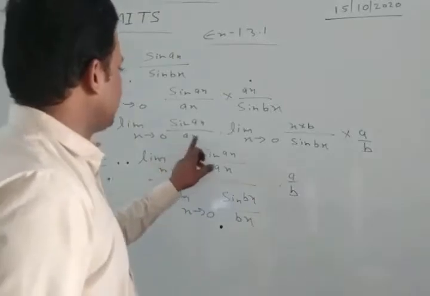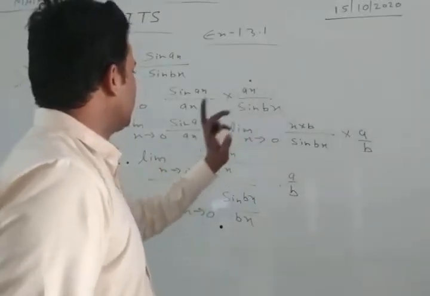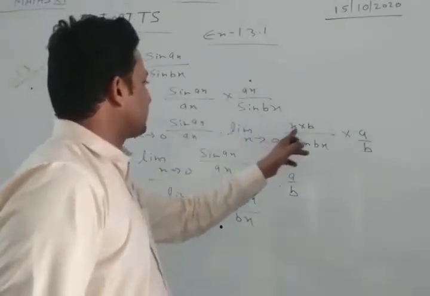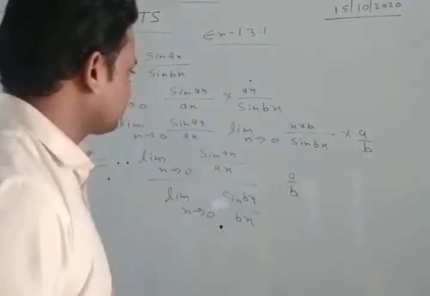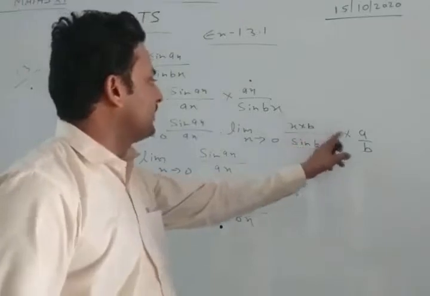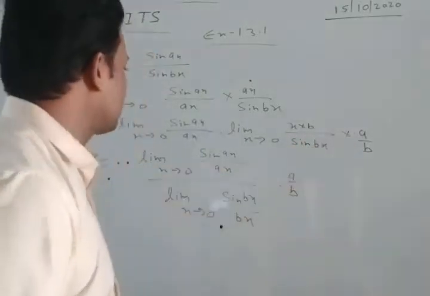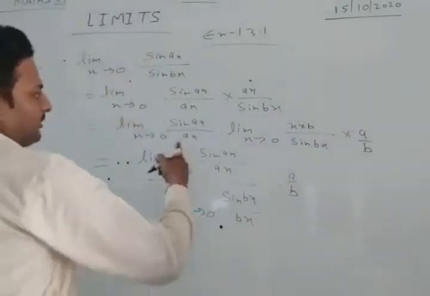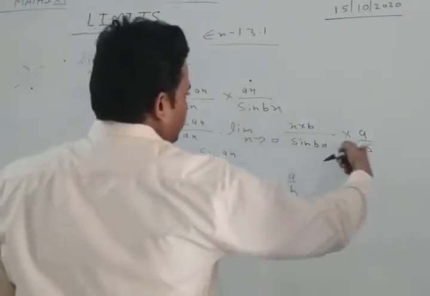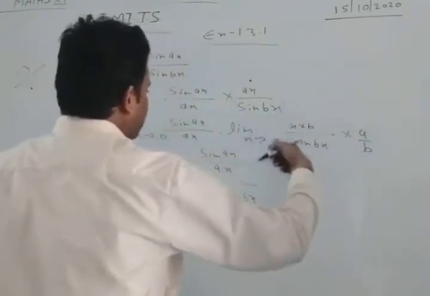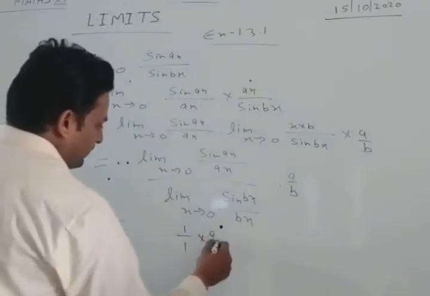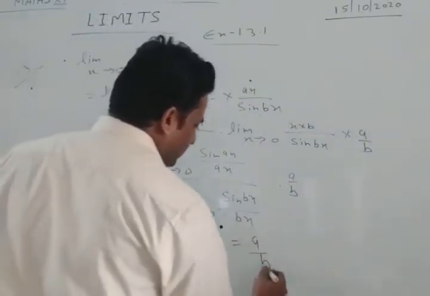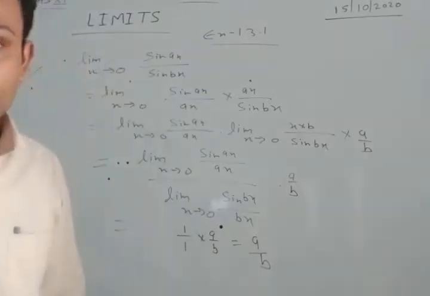This ax will reduce here, and this x will reduce here. Okay, now the value is 1 into a by b, which is a by b. Okay, thank you.